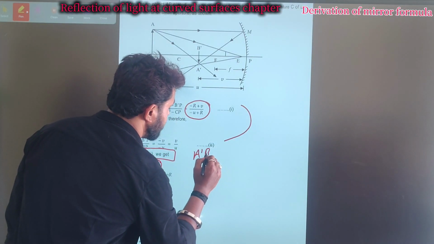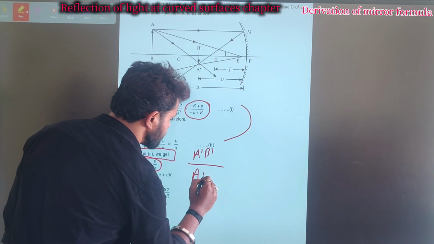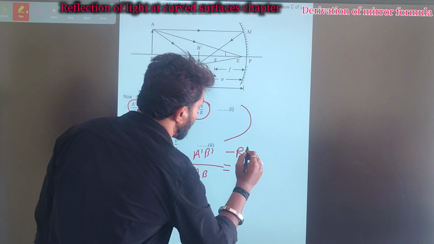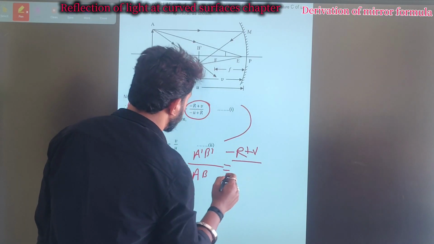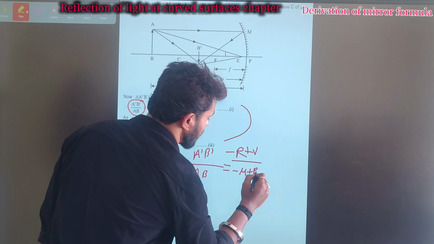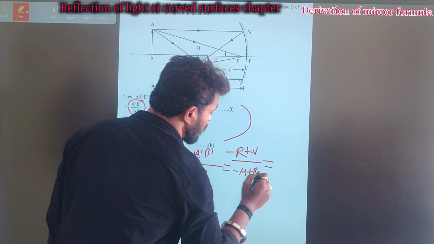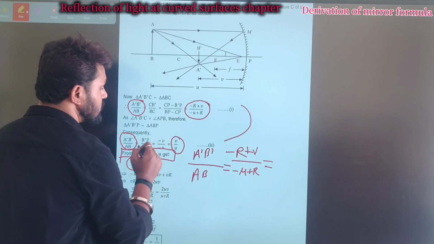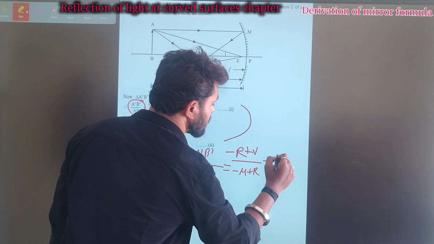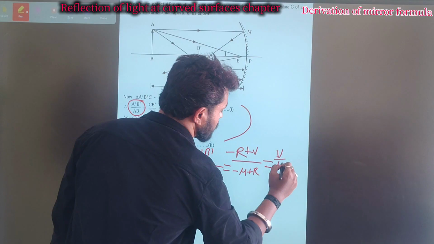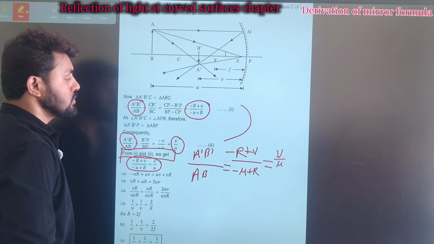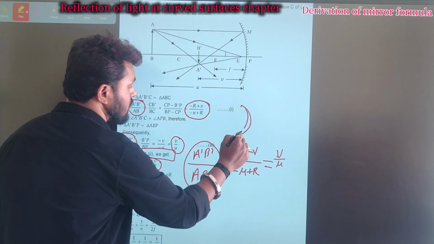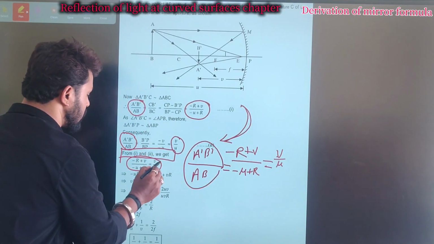A dash B dash by AB is equal to negative R positive V by negative U positive R, which is also equal to the final equation from equation number 2, that is V by U. So these two can be equated from equation number 1 and 2.